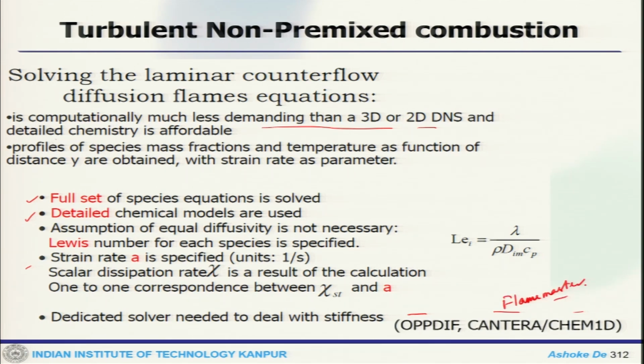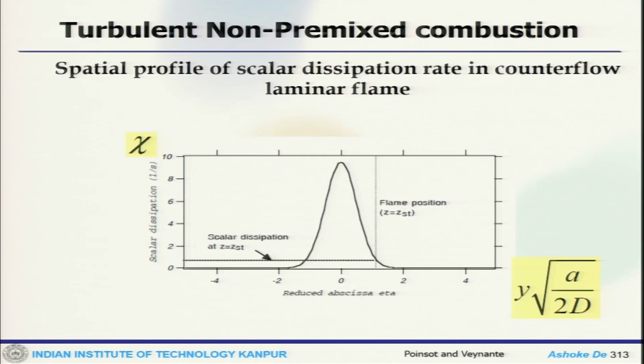So these are the available ones which one can use. Now if you look at the spatial profile of scalar dissipation rate in the counterflow diffusion flame, this is the jet, the stoichiometric line, and this is the scalar dissipation rate, and this is how it varies.